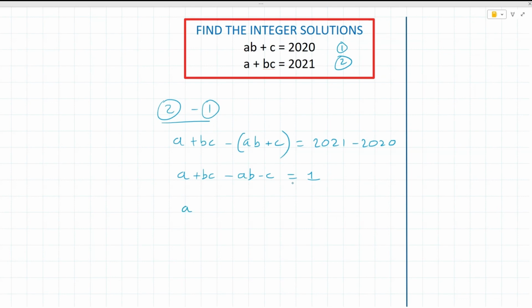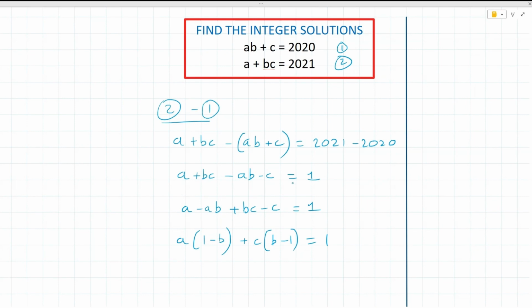So we're going to say A minus AB and then say plus BC minus C and see if there's some kind of magic factorization that happens. Factorizing out by A, we get A factor of 1 minus B, and we'll have a C here, factor of B minus 1, and that's going to be equal to 1.